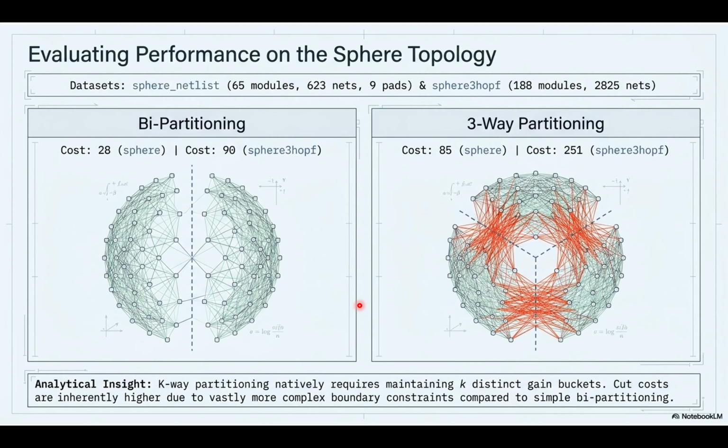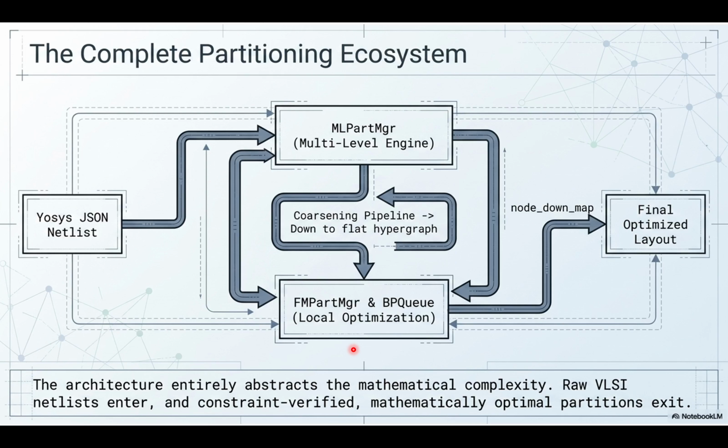Yes. But K-way partitioning introduces rigid equilibrium constraints. If you demand 3 blocks of identical weight, the algorithm cannot simply follow the natural fault lines anymore. Because the fault lines might not divide it into perfect thirds. Exactly. To satisfy the balance constraint, it is mathematically forced to drive a hyperplane directly through the center of a dense logic cluster.